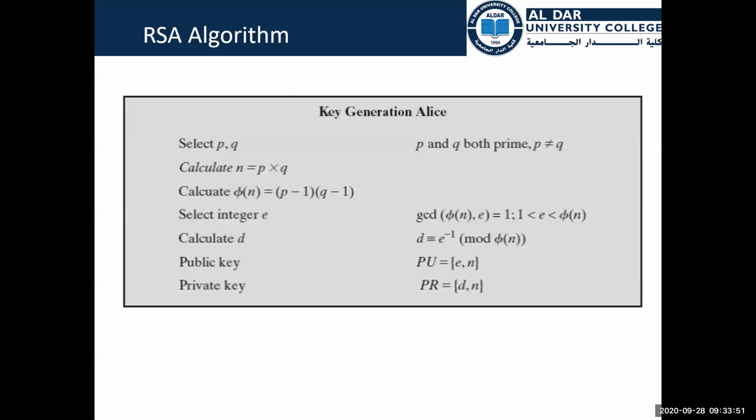We select two prime numbers, p and q, and they should be large, to make it difficult for attackers to guess them. Then the procedure goes like this. We calculate the n number, which is p multiplied by q, and the totient number.